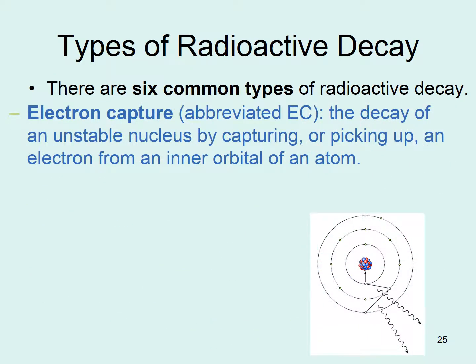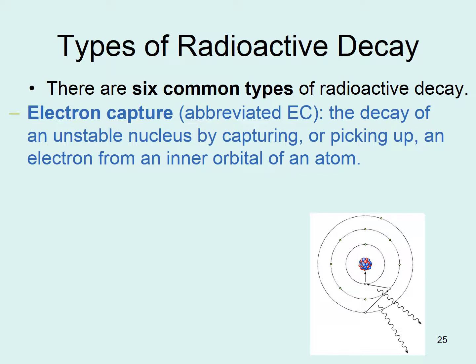A fourth type of radioactive decay is called electron capture. You might see it abbreviated as EC. This one's a little different from the others because a particle is not actually emitted, but it is similar to a positron particle in effect. The nucleus is unstable, so it will capture one of the low-lying electrons circling it.